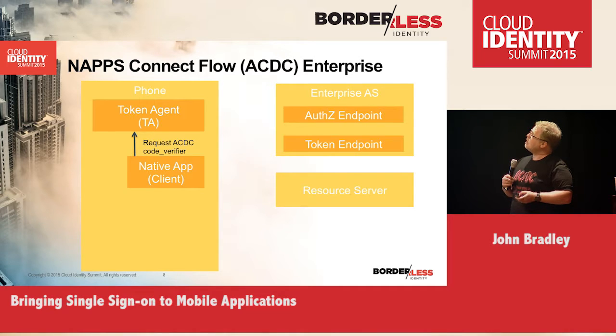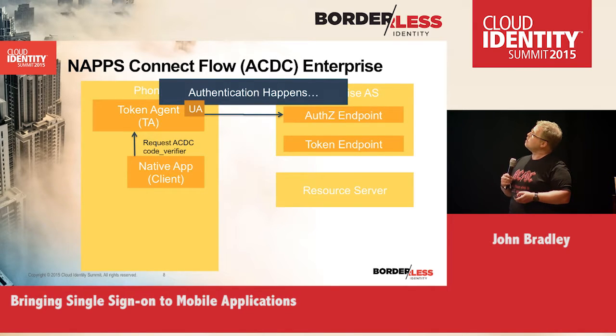So the app makes the request. The token agent, if the user isn't authenticated, will do something to authenticate the user. Now, the nice thing about the token agent is that on most devices, it can check the bundle ID, the signature of the app that's calling it, which is something that you can't do remotely if you have that native app just calling back to the authentication server itself.